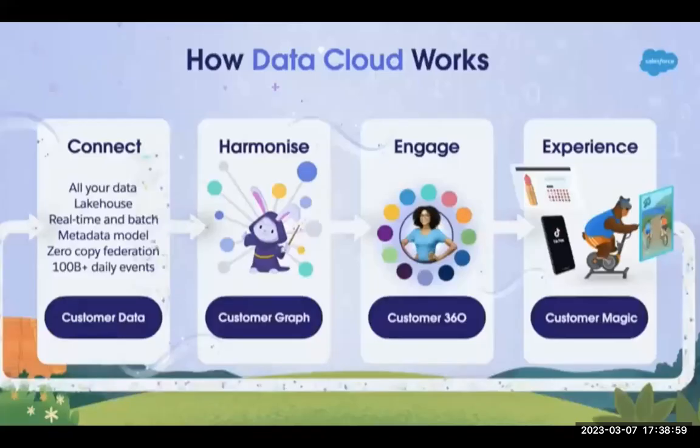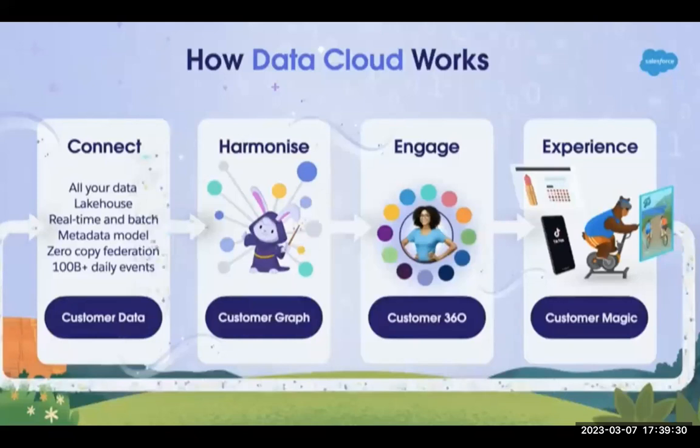Typically, it works like this: you connect all your data into a data lakehouse, which uses a real-time and batch metadata model, along with zero copy federation policies, with over 100 billion daily events being captured inside your Data Cloud. That's what we call customer data. Then we harmonize the data, leveraging our Data Explorer, Engagement Explorer, and identity resolution, and all our Data Cloud capabilities.